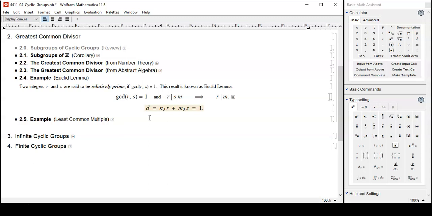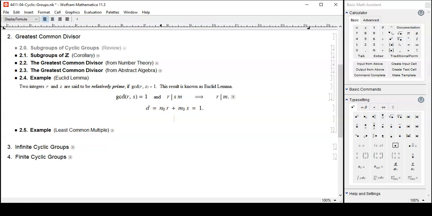So you see, remember, D is a non-negative generator of sets of this form, NR plus MS form.